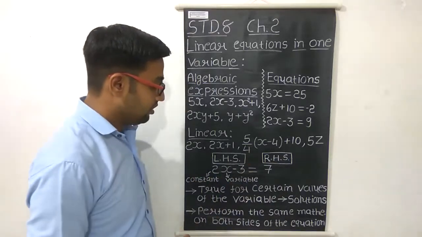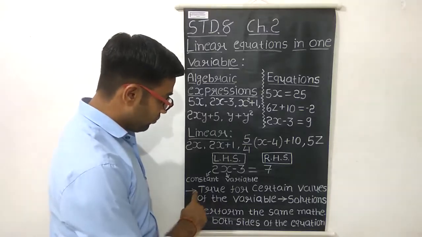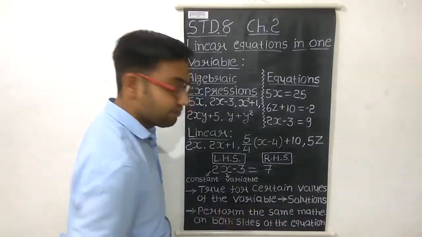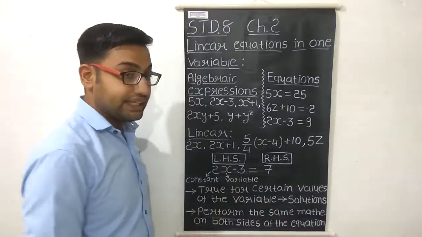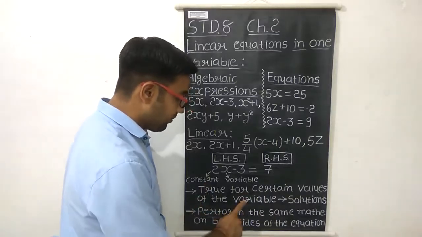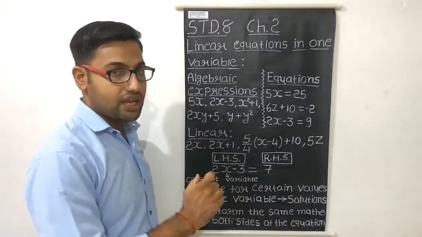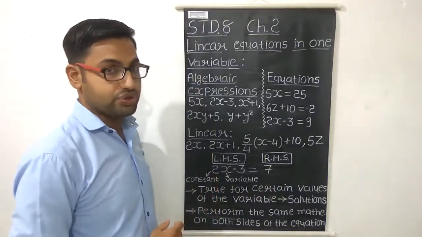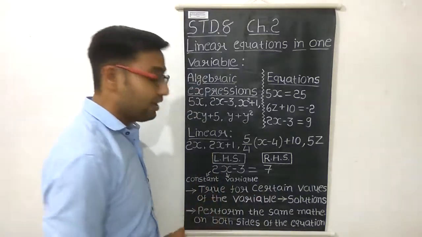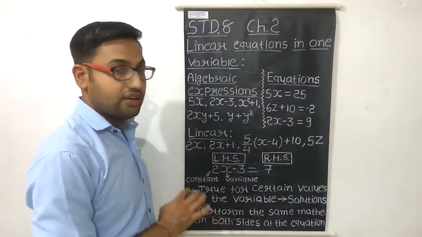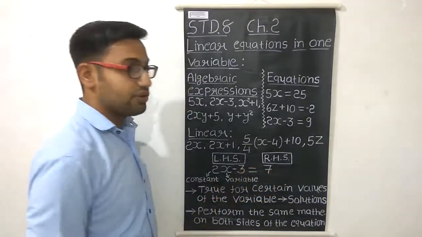This equation is true for certain values of the variable, and that value of the variable is called the solution of this equation. Why only certain values? Because for every value of x we cannot balance this equation.